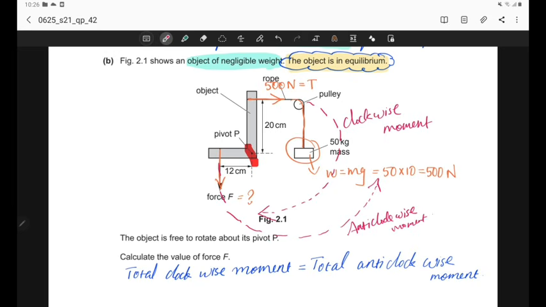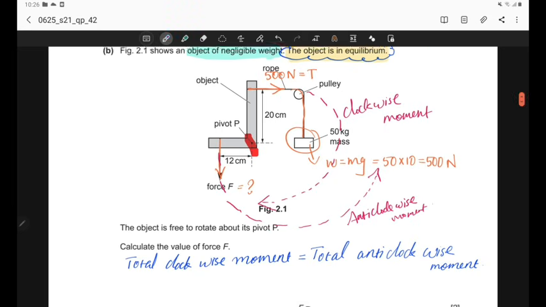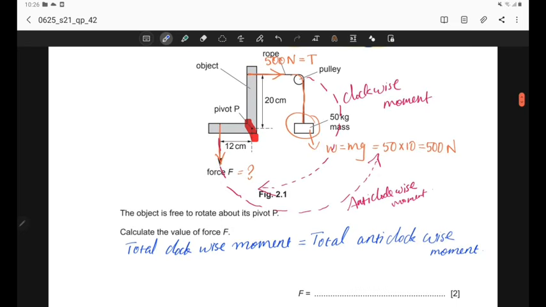Now we can write the equation: total clockwise moment is equal to anti-clockwise moment, where the clockwise moment is due to the 500 Newton force. Moment is force times perpendicular distance. So 500 times the perpendicular distance from the pivot, which makes a 90 degree angle to the line of action of force.